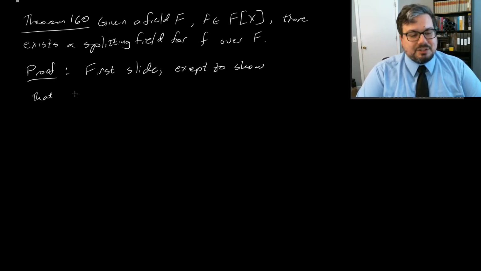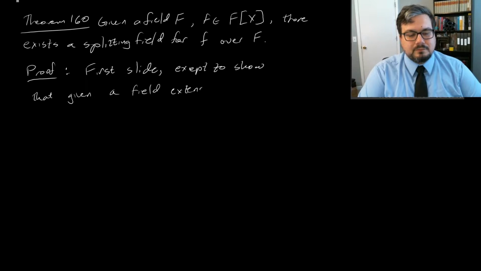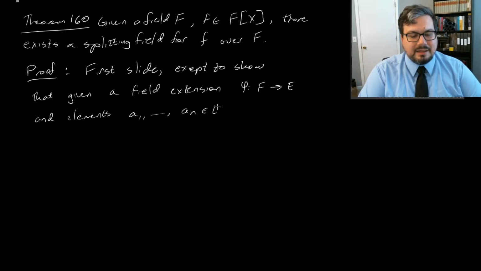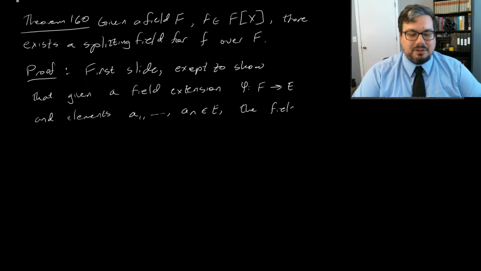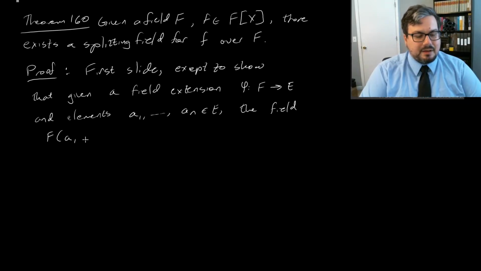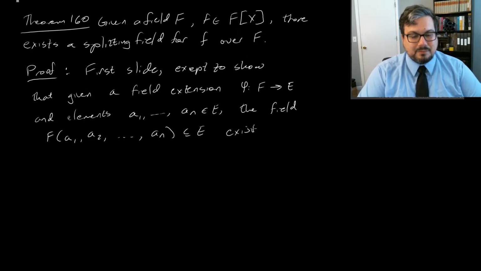So the only thing that we need to do is to show that given a field extension phi from F to E and elements a1 through an in E, the field F(a1, a2, ..., an) subset of E exists.